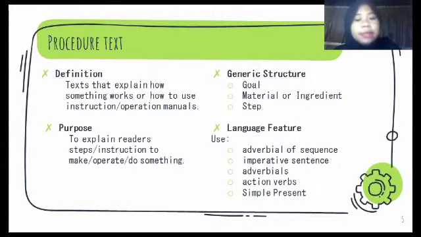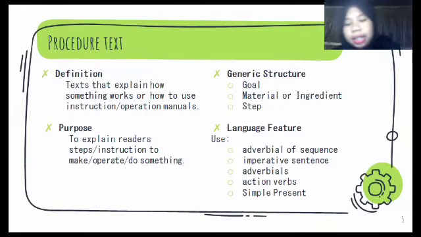There are 3 definitions about procedure text. First, text that explains how something works or how to use instruction or operation manuals. Second, text that instructs how to do a particular activity. And third, text that deals with human behavior.